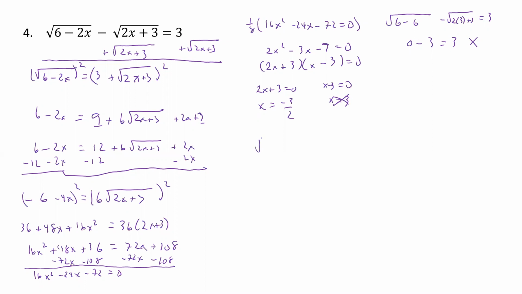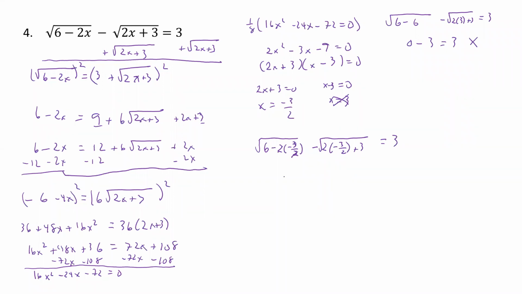So now we'll do it here since it's probably going to take more room. 6 minus 2 times negative 3 over 2. Try to write it legible, minus 2. And this is a square root, and it's going to be minus 3 over 2 plus 3, and that's equal to 3. Well, here when we do this, the 2 cancels a 2, and a minus is going to be plus.